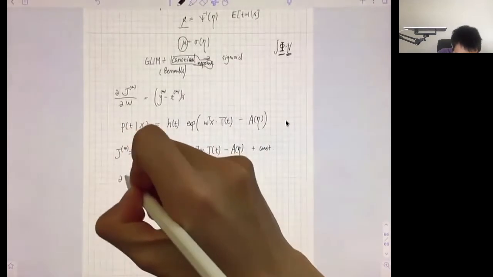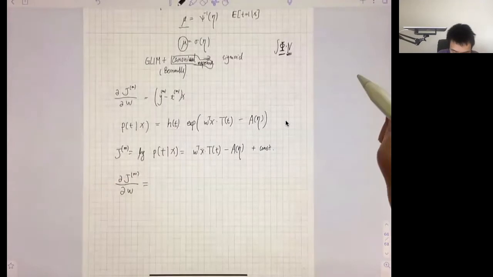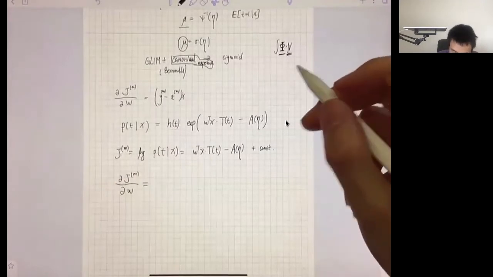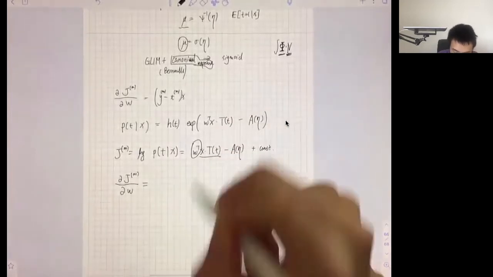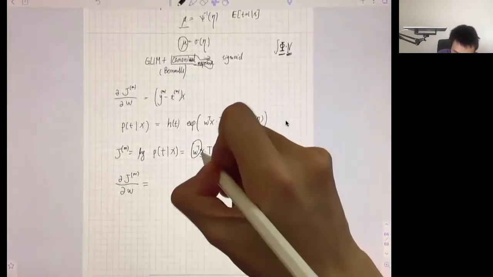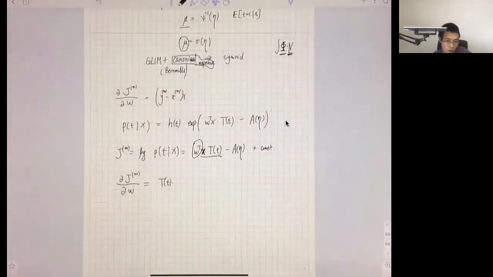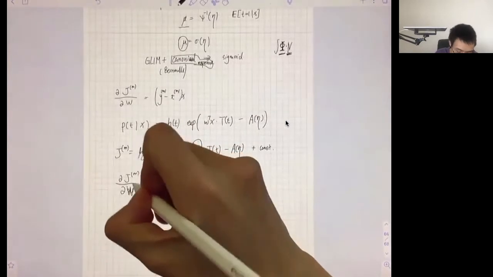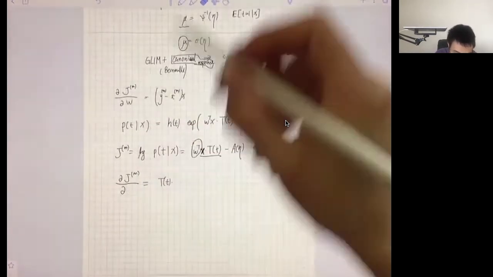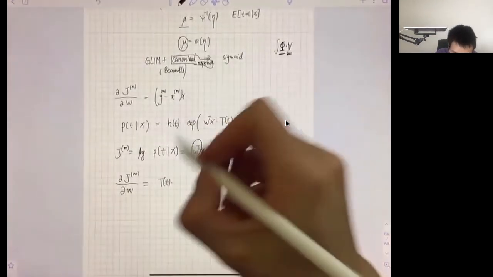So now I would like to take the partial derivative of J with respect to my W. For the first term, I take the partial derivative with respect to W, it gives me that term, okay? Because x is a vector and T of t is a scalar. We assume we only have one sufficient statistic, which is the mean of your target. If you have multiple sufficient statistics, the W now becomes the weight matrix, okay? That complicates things a little bit, but now let's assume a simpler case.